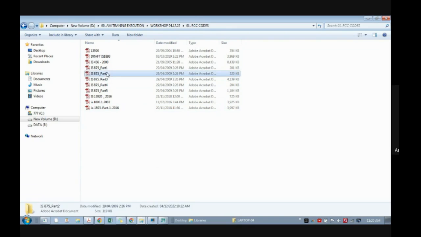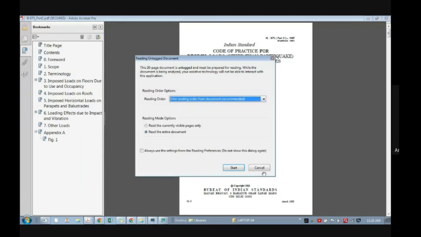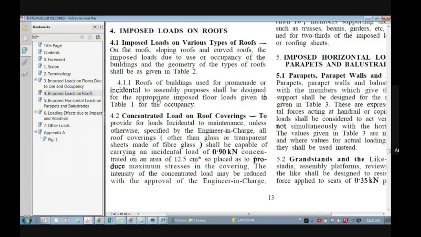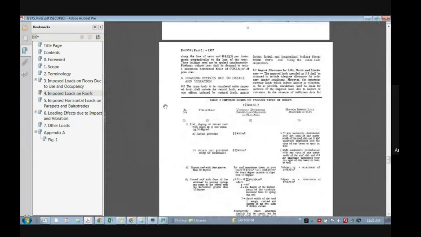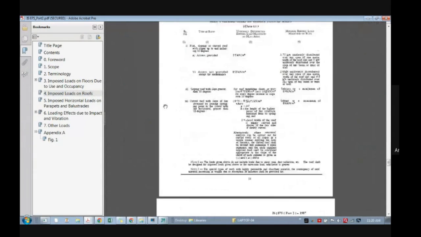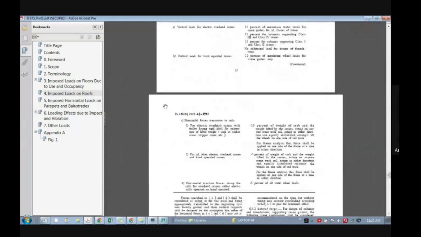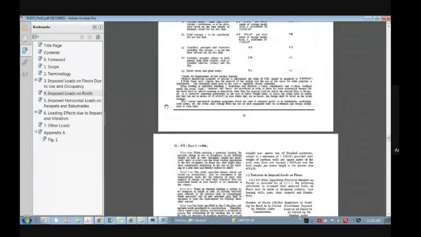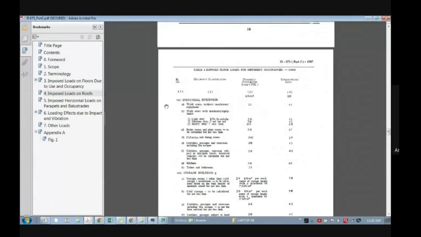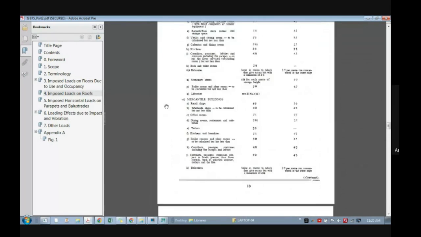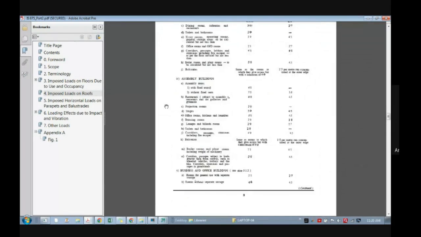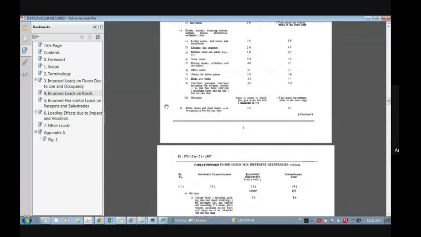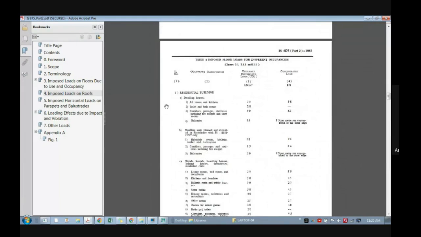For example, how do we go into that? Or shall I show you IS 875? Live load, I will show you first. Imposed loads, IS 875 part 2. See this.